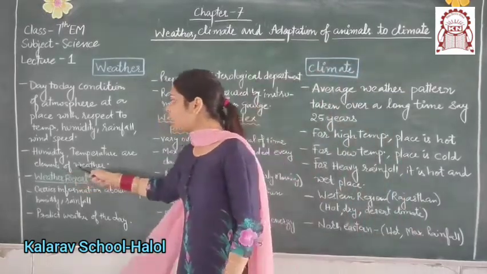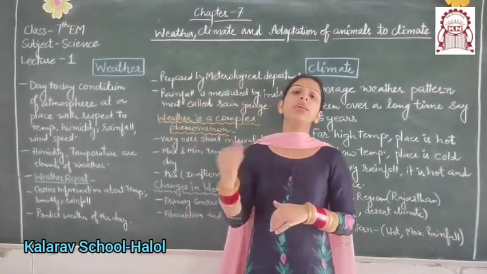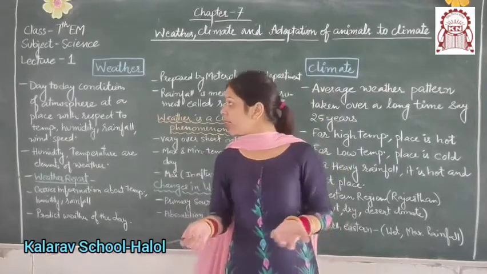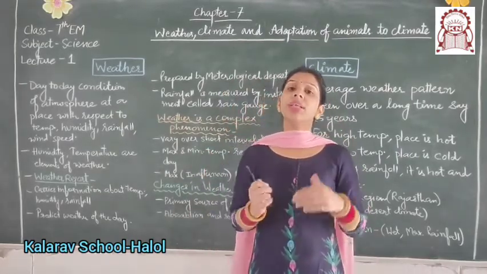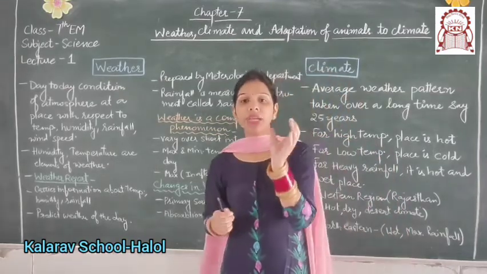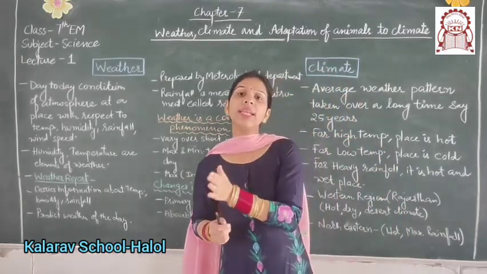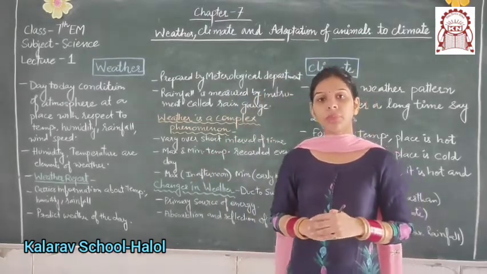The elements of weather are humidity, temperature and other factors like wind speed. So what is humidity? Humidity is the amount of moisture that is present in the air.